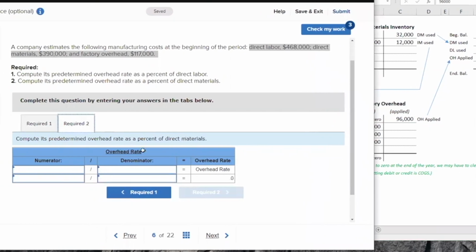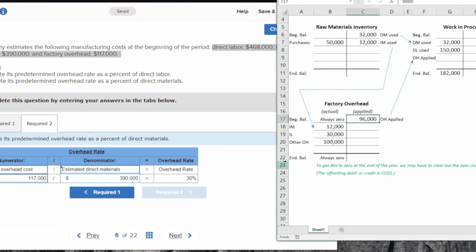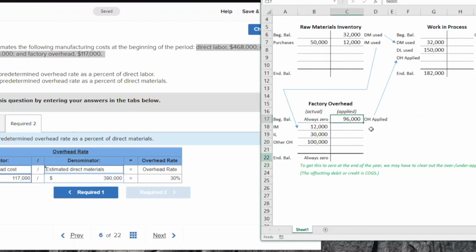Now, in this example, it's going to be a percent of direct materials and then overhead. It's 117. And the estimated direct materials are 390. Okay, so another way we could do it, you would not do both of these. This is just two different choices. Another way we could have done it is we could have just taken 30% of the direct materials used.